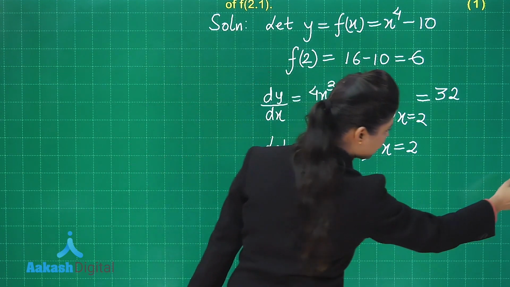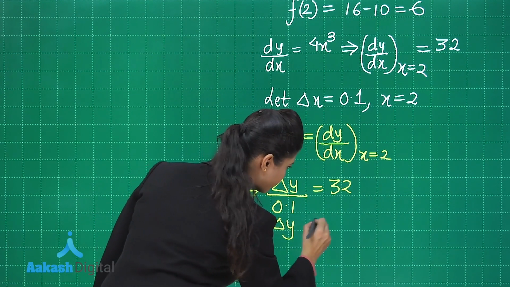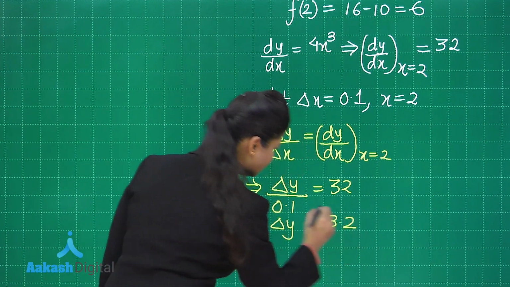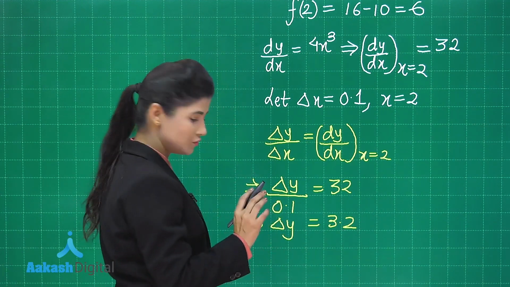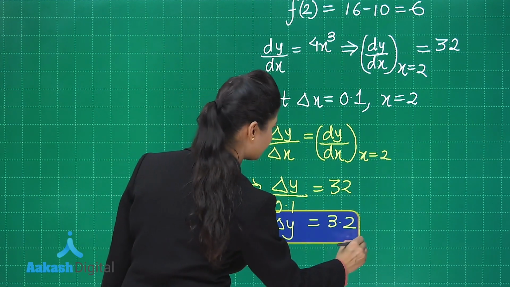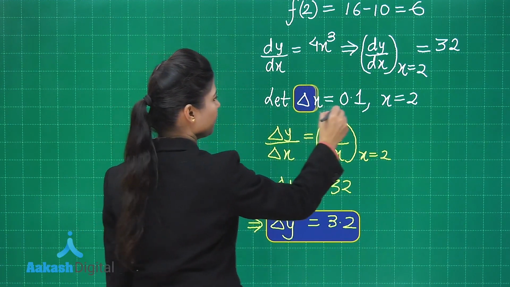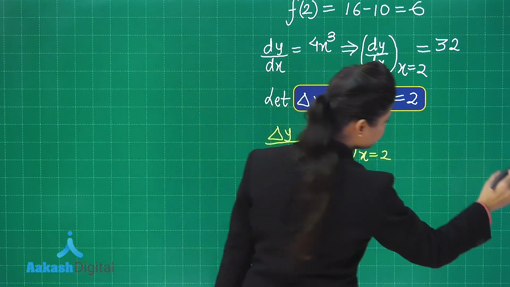This implies that the value of delta y will be equal to 3.2. Now the value of delta y has been obtained as 3.2. So you are aware of this value of delta y, 3.2, you are aware of this value of delta x, you are aware of this value of x equal to 2.